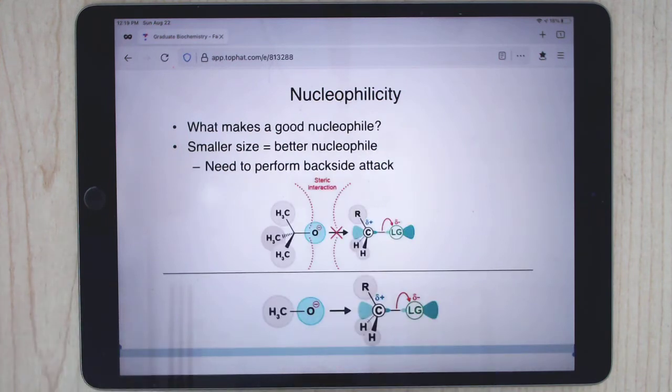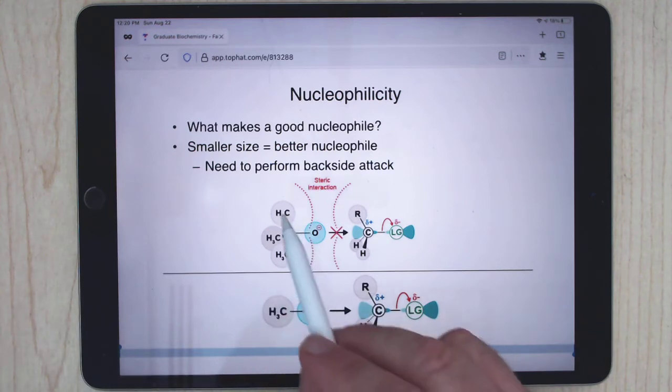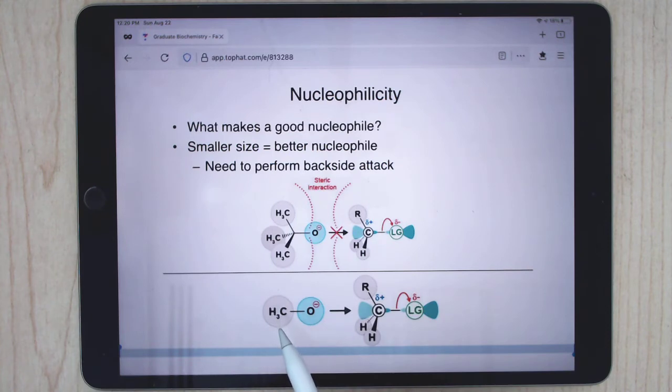And for SN2 reactions, it's all about size. We need to be able to worm our way into the backside, and so having something smaller is going to be better. The groups that are hanging off of it are not going to get in the way of being able to go through there.